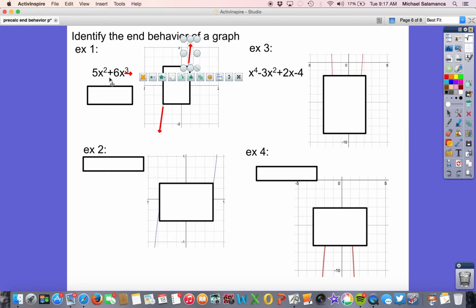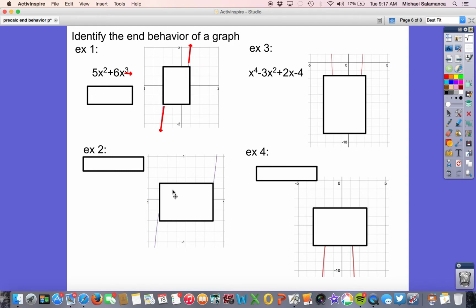Because it's a positive 6x cubed, it's almost like a positive straight line that's going in the positive direction. Now let's take a look at the middle. What happens in the middle doesn't matter because, like I said, we're only looking at the end behavior, the ends.